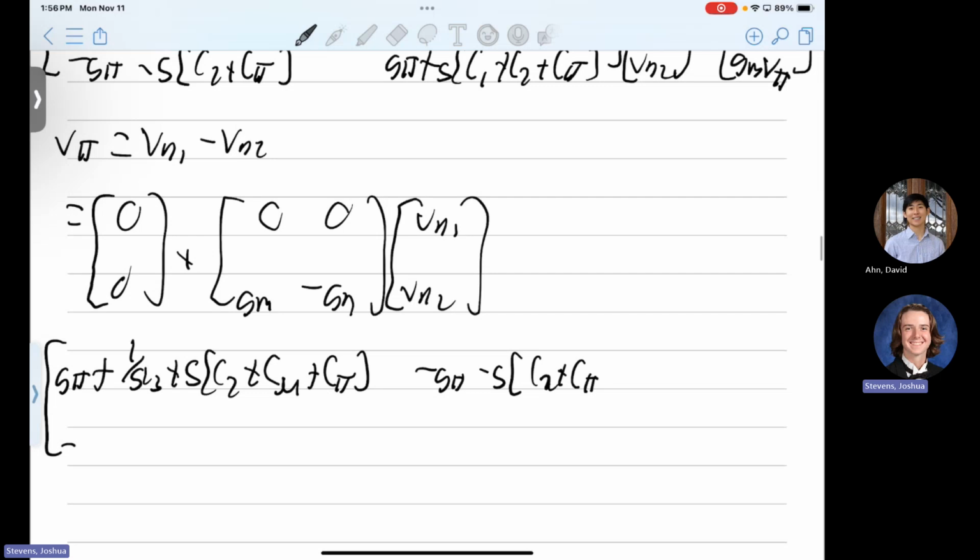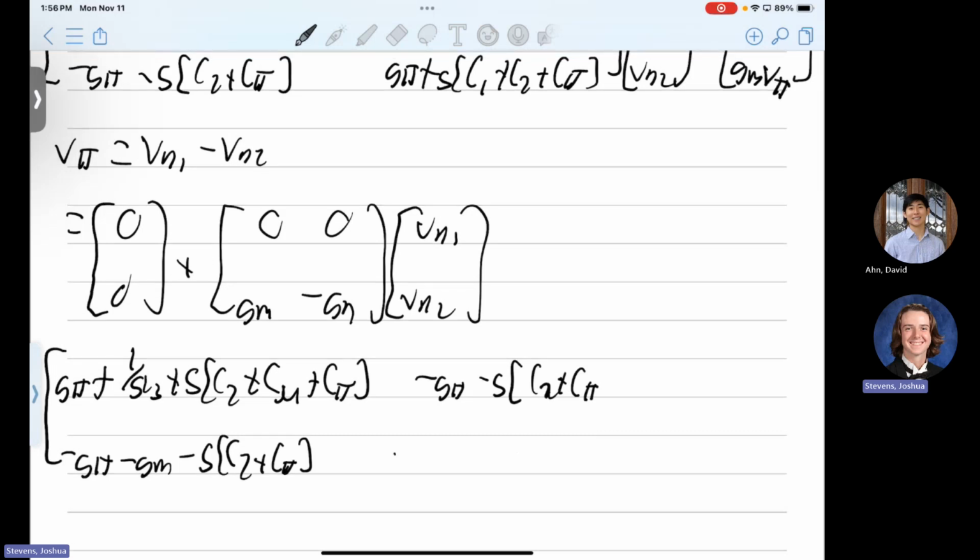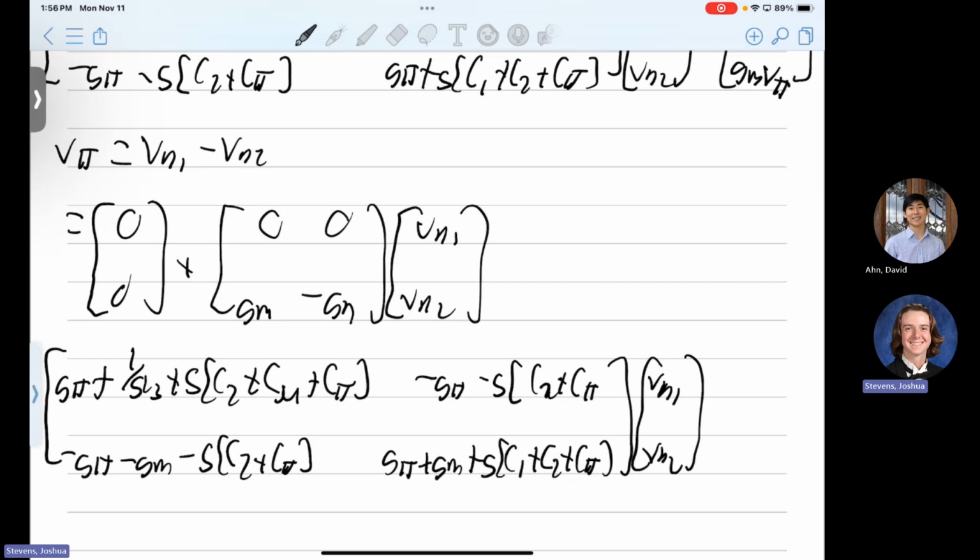This one, however, is not the same: G pi minus GM minus S times C2 plus C pi. And then this one, G pi plus GM plus S times C1 plus C2 plus C pi. All times VN1, VN2, which equals 0, 0.